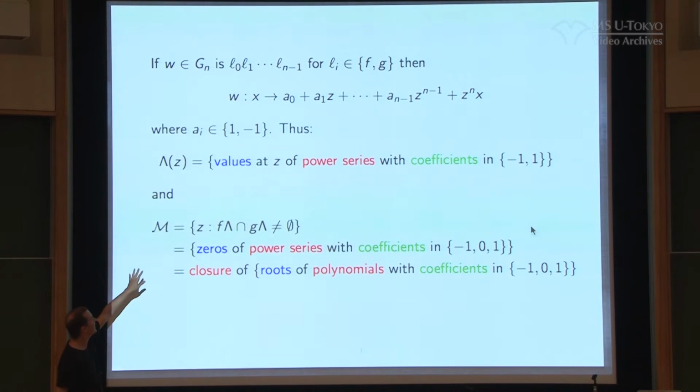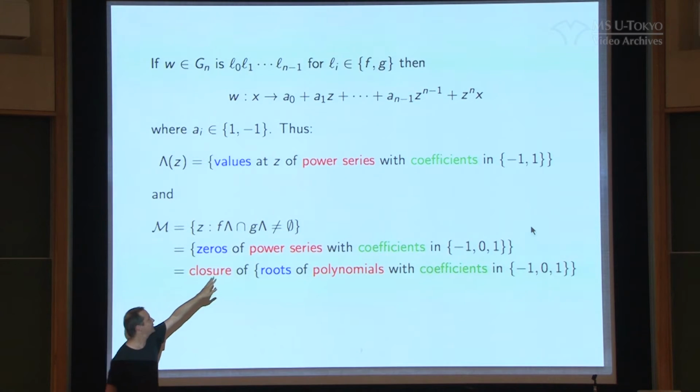And the answer is it depends in an extremely simple way. It's expressed basically as a polynomial of degree n, the length of the word, and the coefficients of this polynomial are literally just 1 and minus 1, depending on whether the letters in w are f or g, together with a wildcard tacked on the end.